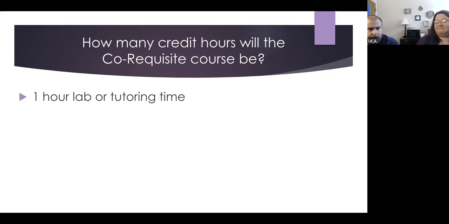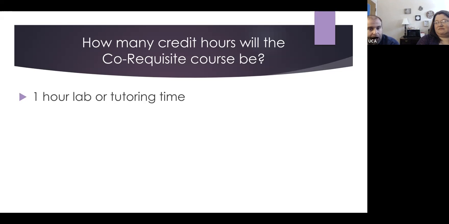If we would have picked 1 or 2 hours and tried to add another hour later, we would have had probably a lot of students fail to start with, and then we would have a much tougher time trying to get those implemented because A, we would have had students failing and it would have looked really bad, and B, we would have been asking for more money for these students to take these courses to try to help them succeed. And so we started with 3 hours.